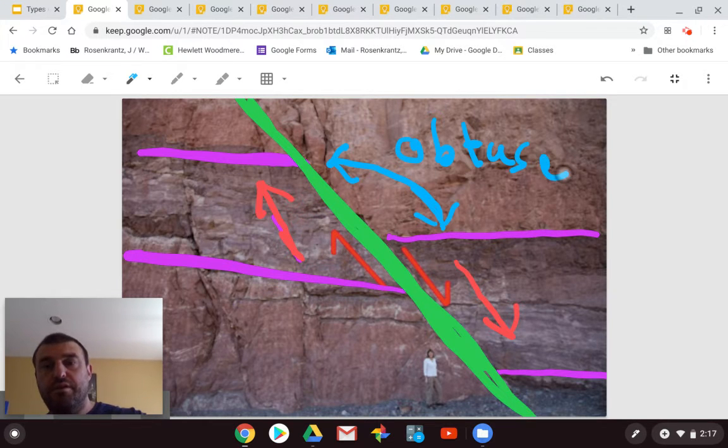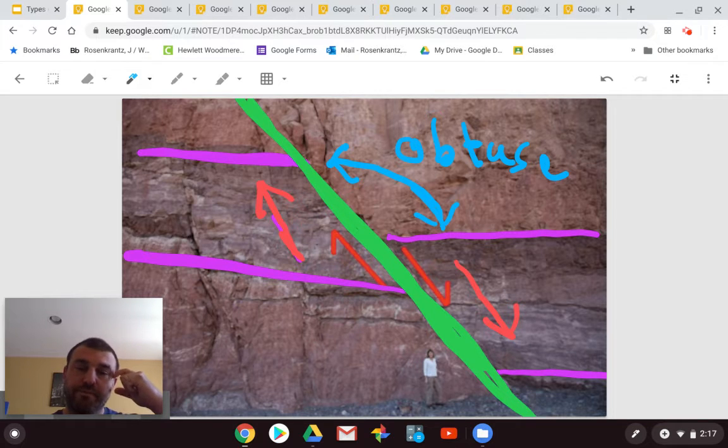So that's what you look at. You look at the left side of the fault line and the right side of the fault line, and then you compare how much they got offset. So the block on the left got pushed up, the block on the right got pushed down, and along the fault line, it created that obtuse angle, which means this is a normal fault.